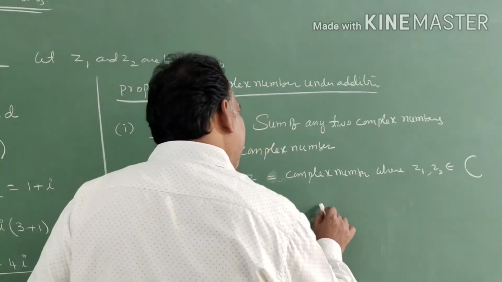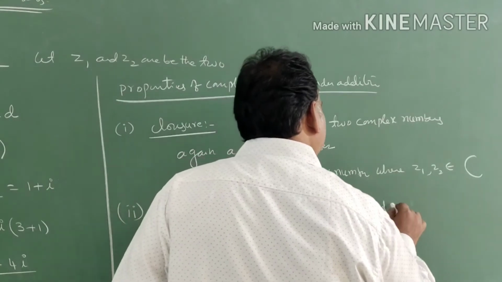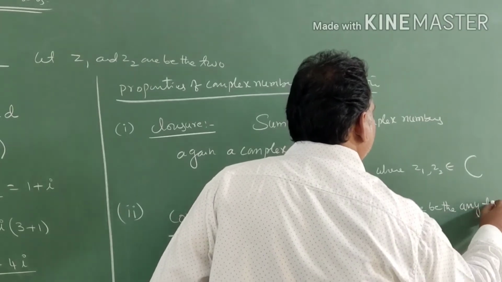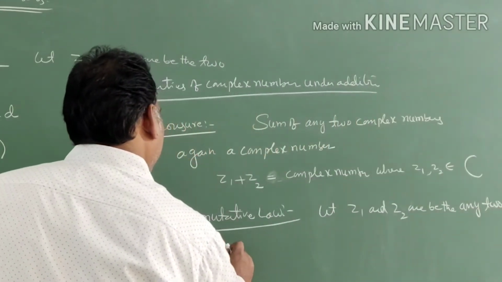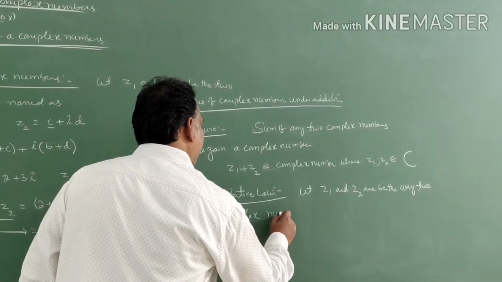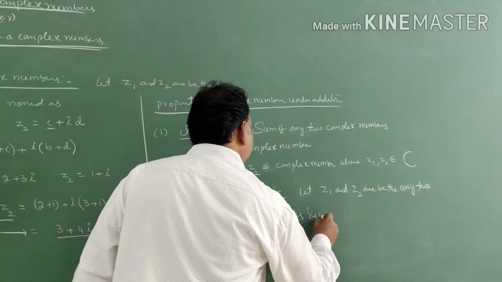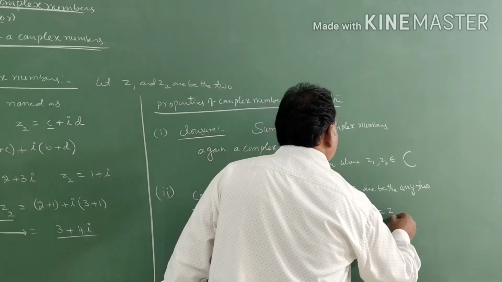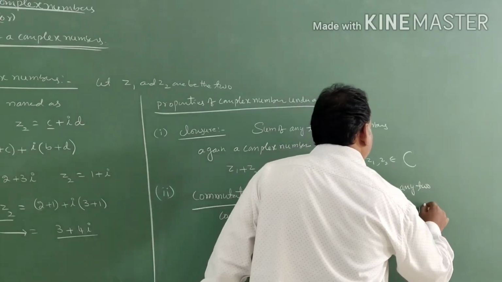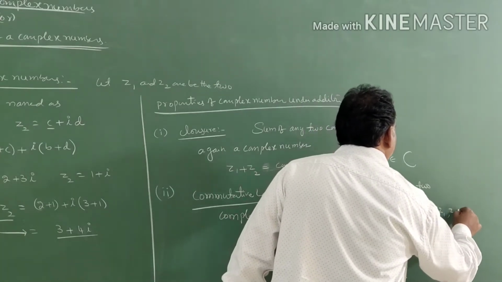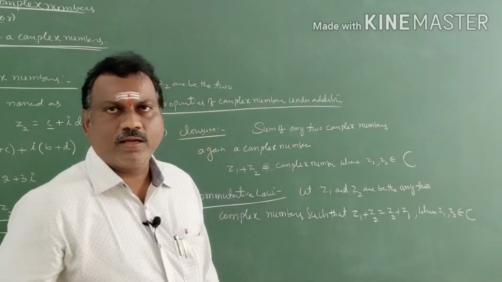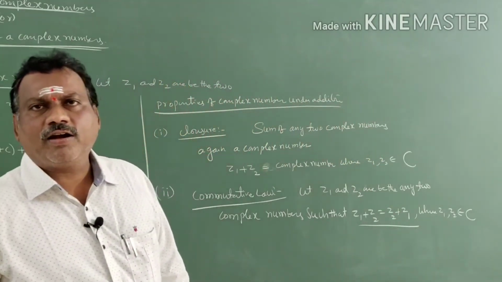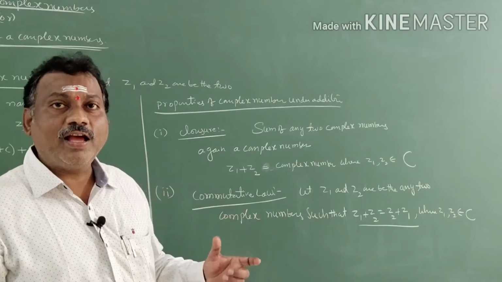Let Z1 and Z2 be any two complex numbers such that Z1 plus Z2 is equal to Z2 plus Z1, where Z1, Z2 belong to the complex numbers. If this condition is satisfied, we say that complex numbers satisfy the commutative law.